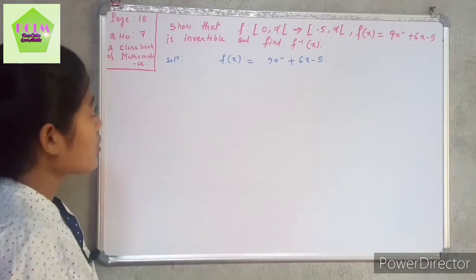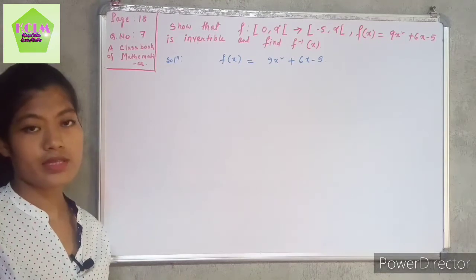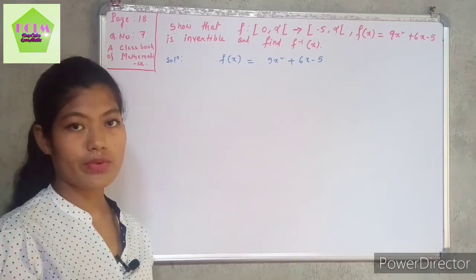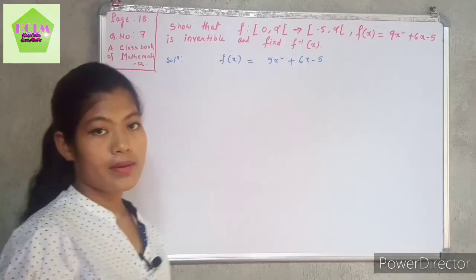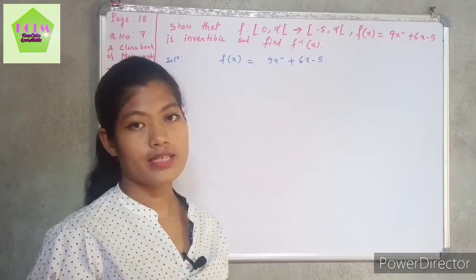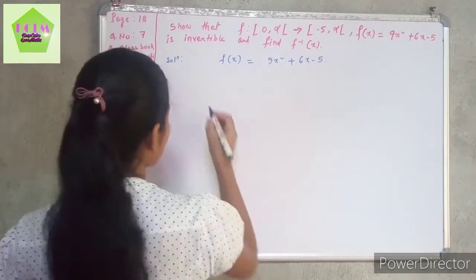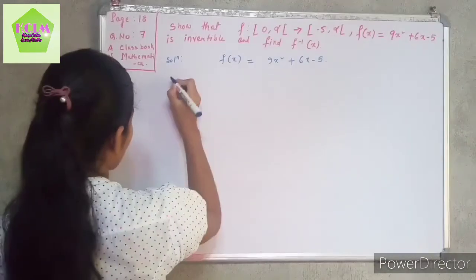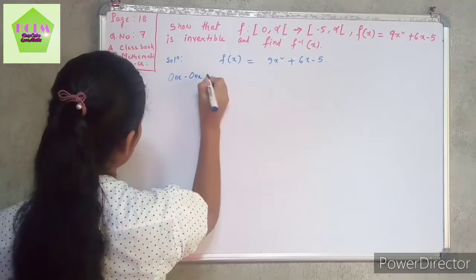For that, we can show that this function is bijective. That means the function is both one-one as well as onto. If we can show the function as a bijective map, then we can directly say that this function is an invertible function.